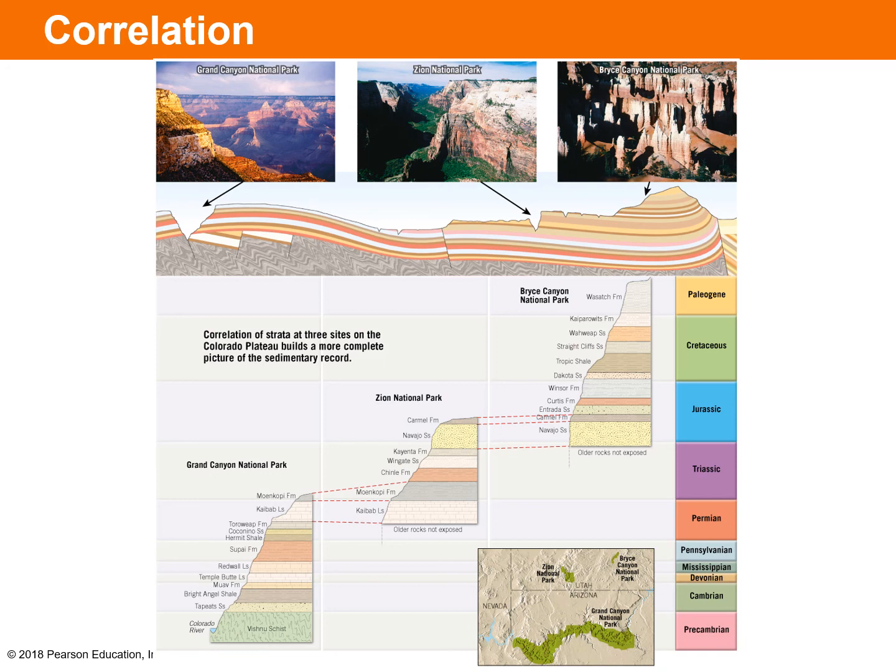And so what this allows us to do is combine all of these rock records together from these 3 locations, and therefore span a lot greater of a time span in geologic time.